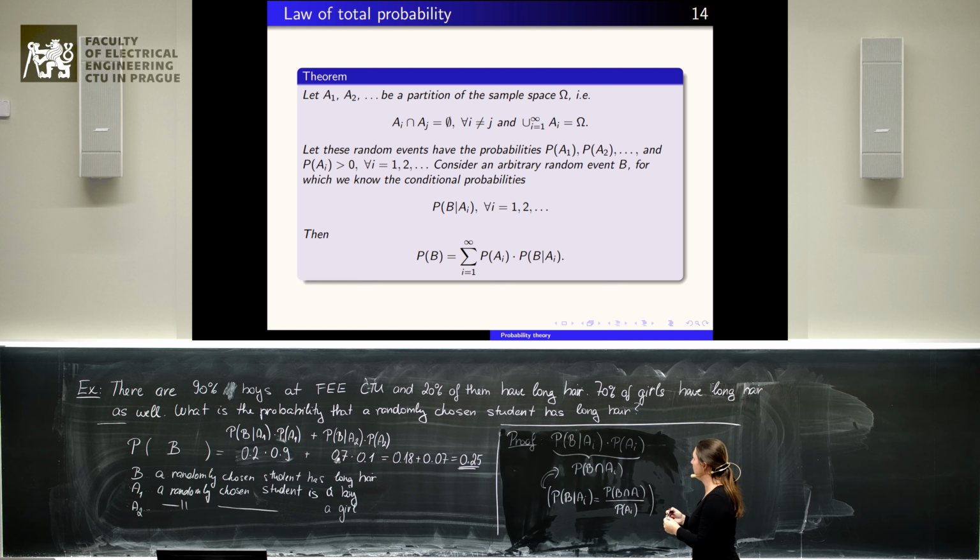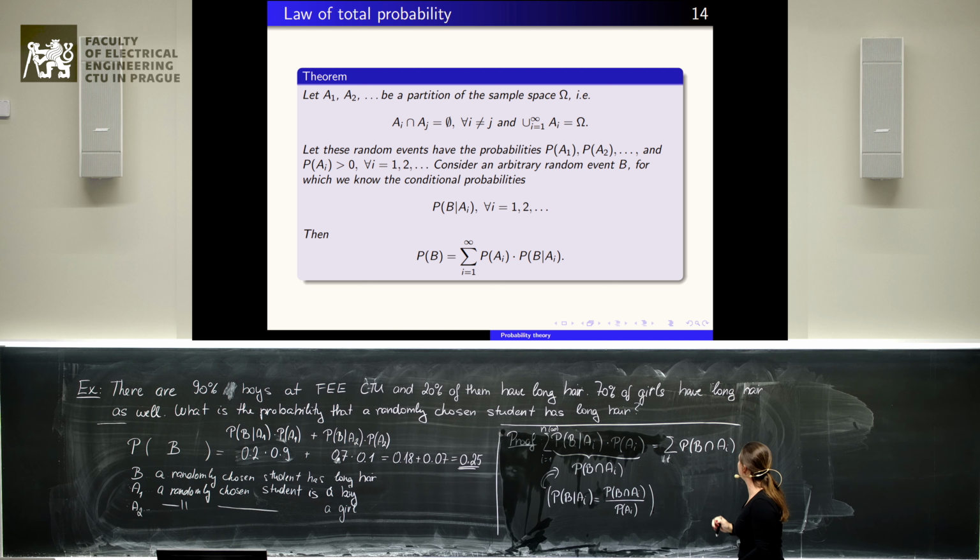And when we consider the sum till n or till infinity, depending on how many events we have, in fact the sum over i of the probability of B intersected with Ai.